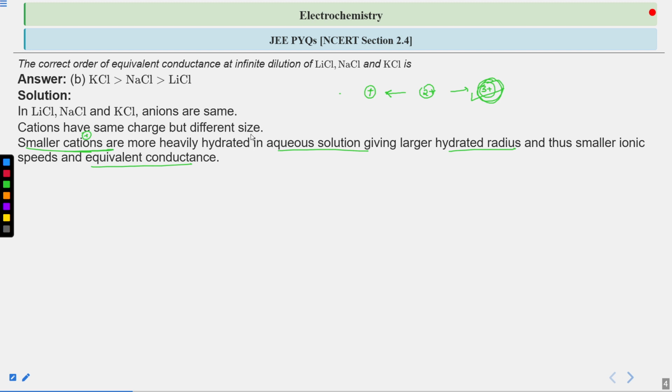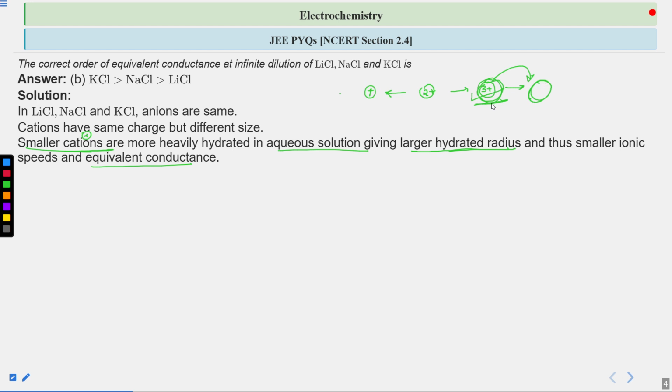They will easily get dissolved in the water in the aqueous solution, which gives a larger hydrated radius and thus smaller ionic speeds. Because when they interact with the water molecule, they will form a complex, so the radius will increase and the ionic speed will decrease, because now they are not only ions but have combined with the water molecule for hydration.